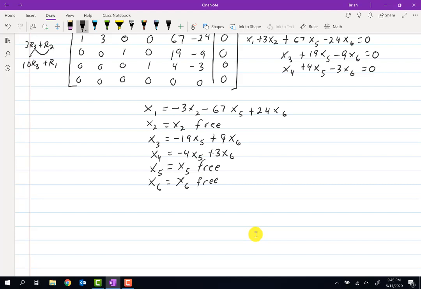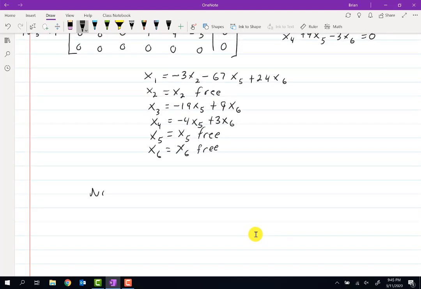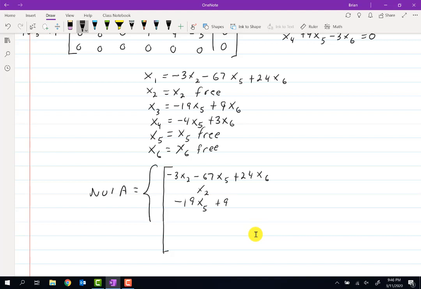And so the null space will look like this. We go ahead and make one big vector of -3x2 minus 67x5 plus 24x6, x2. I need, excuse me, I need 6 rows for the null space. x2, of course, was x2. x3 was negative 19x5 plus 9x6.